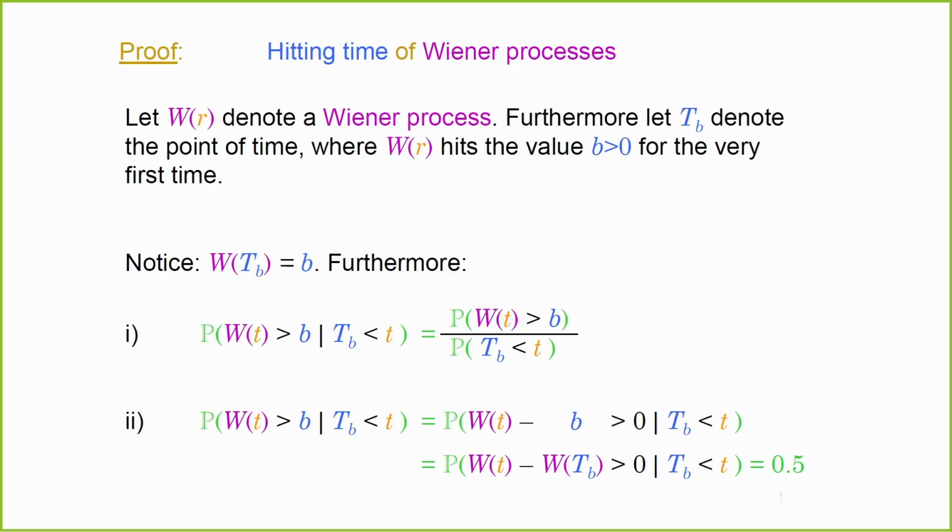That's it. Why? Because the increment is Gaussian with mean 0. Mean 0 means that its density is going to be symmetric with respect to the y-axis.